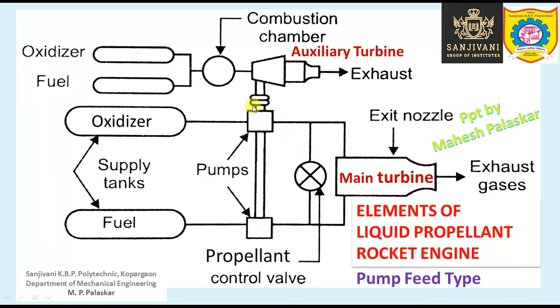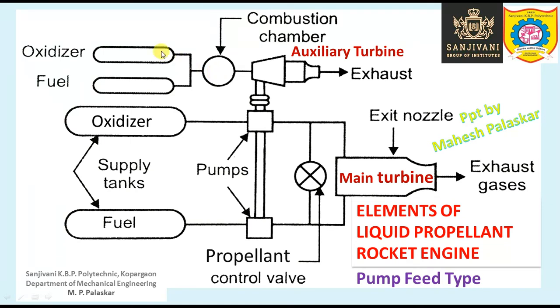Now for operating the pumps we have an auxiliary turbine. So this is an auxiliary turbine which operates the pump, both the pumps, the pump for the oxidizer as well as the pump for the fuel. But for the auxiliary turbine again we have a separate tank of oxidizer and fuel, and there is a combustion chamber.